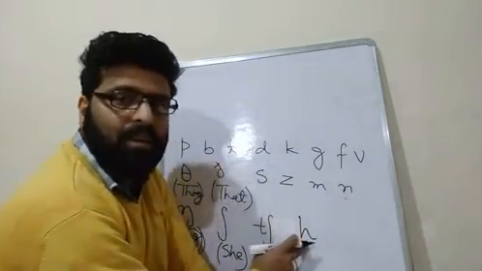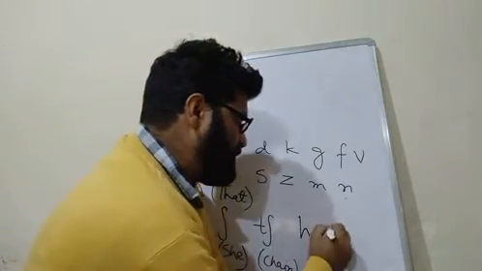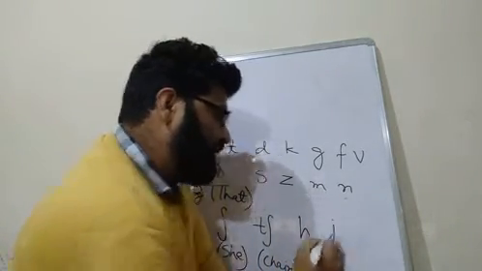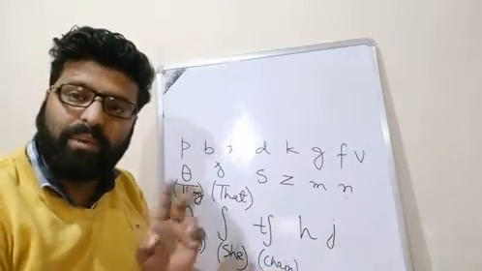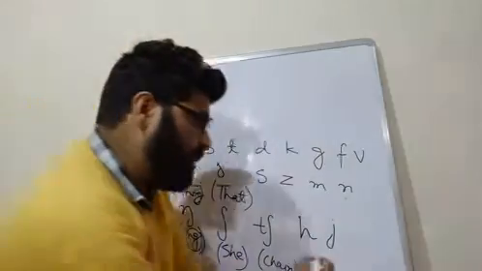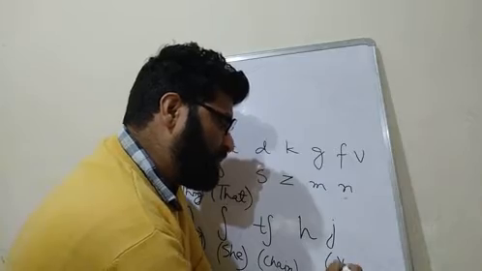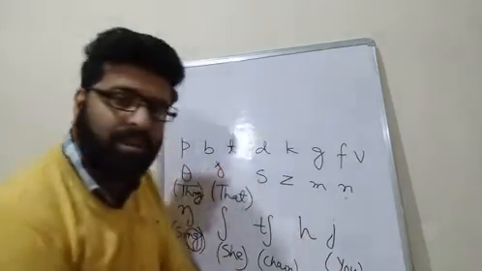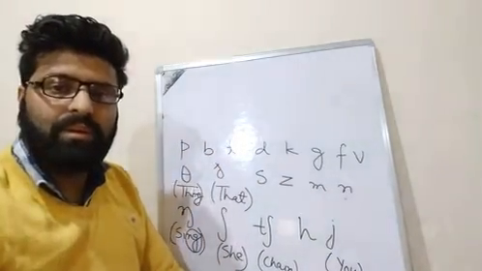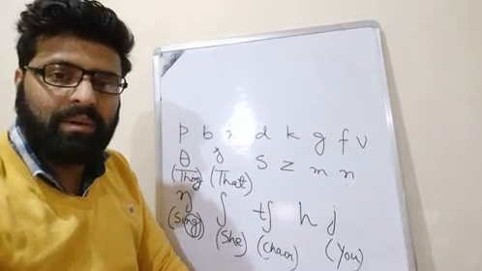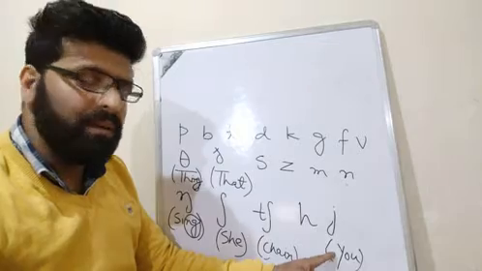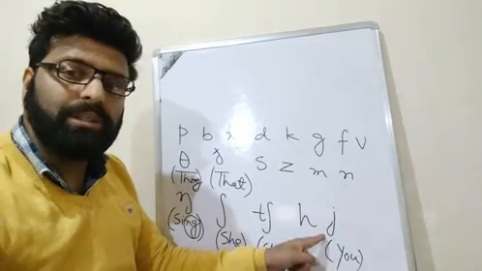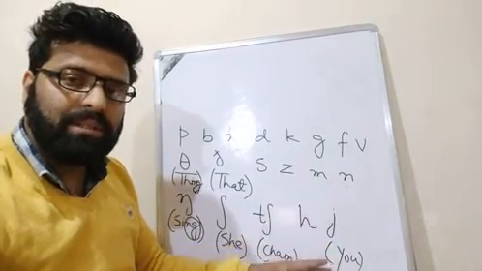This is yeah. When we write this small j, this is a y sound, for example in you. This yeah sound is written as small j in phonetics.